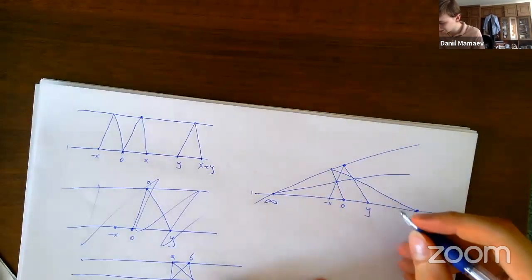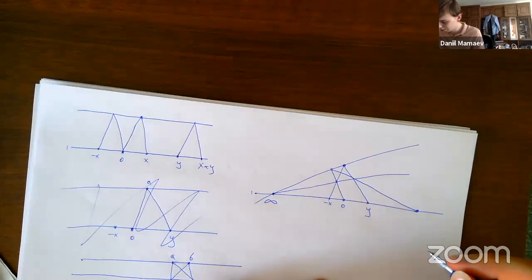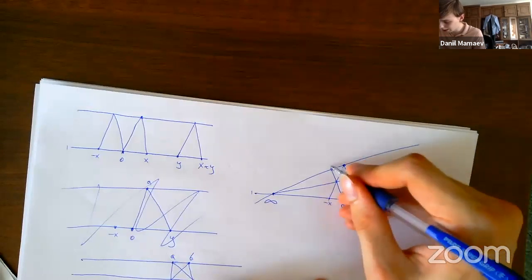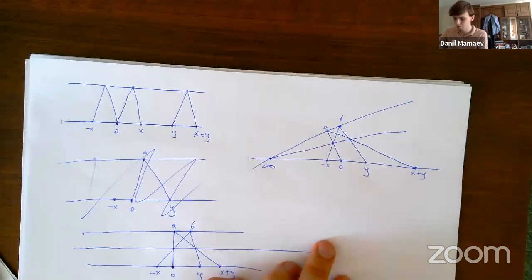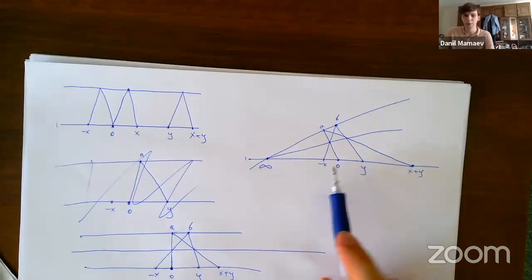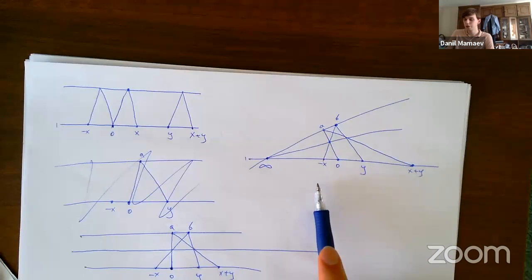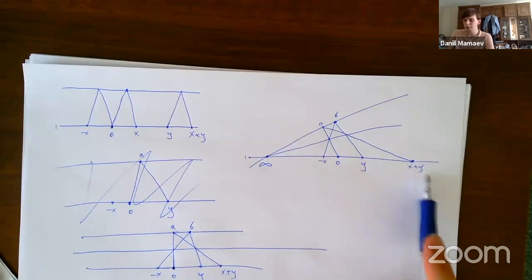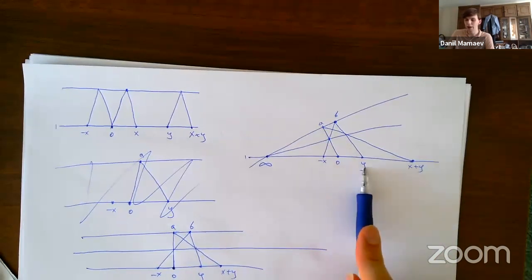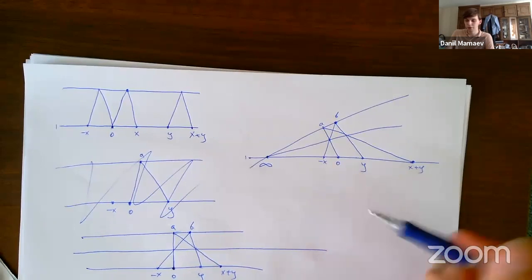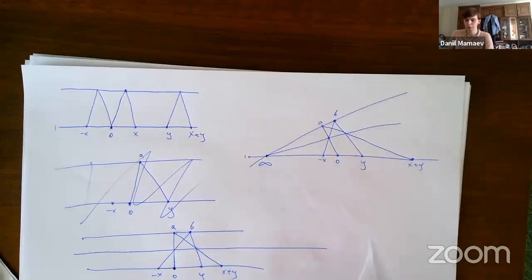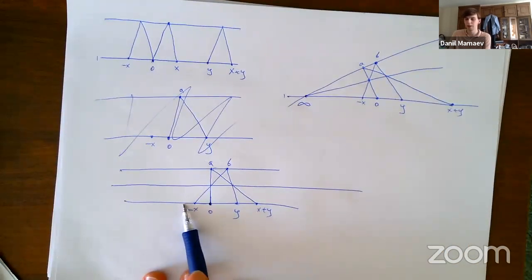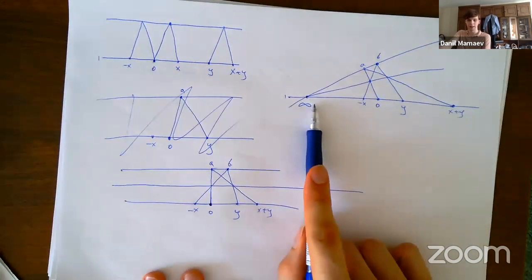So this is A, and this is B. This is x plus y. So we've just modeled how to get x plus y from minus x and y if you fix on your line 0 and infinity. This was the picture when infinity is at infinity, and this is the picture when infinity is at some finite point.